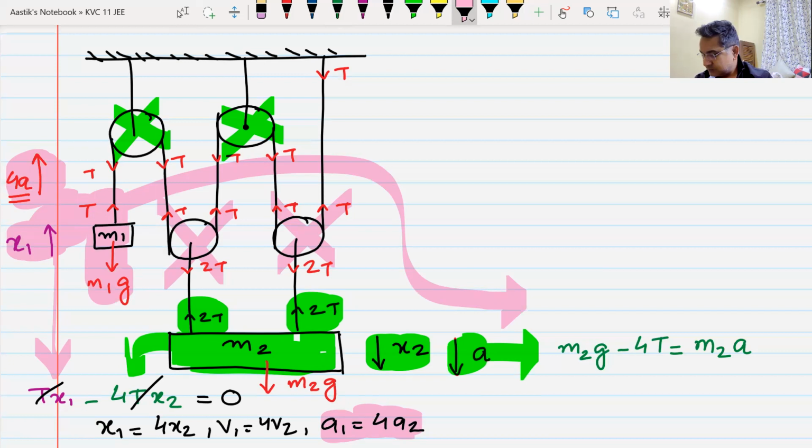M1G minus T equals M1A. Think again. T minus M1G is equal to M1A.